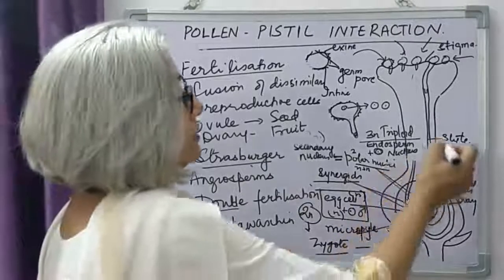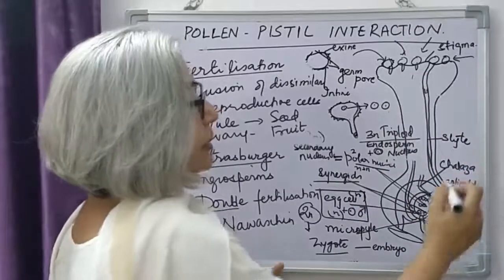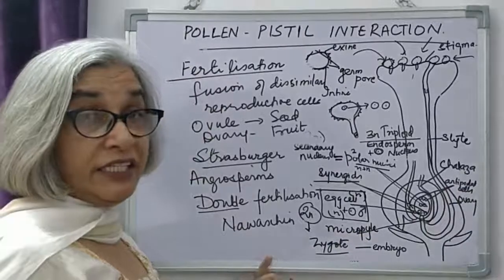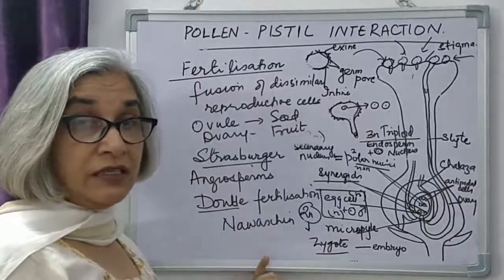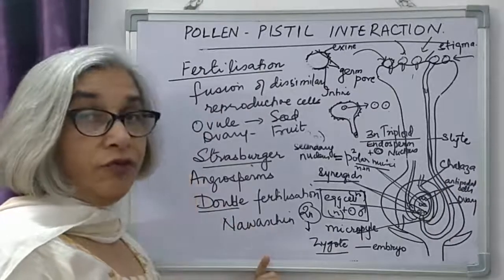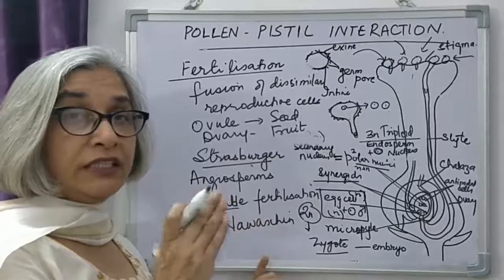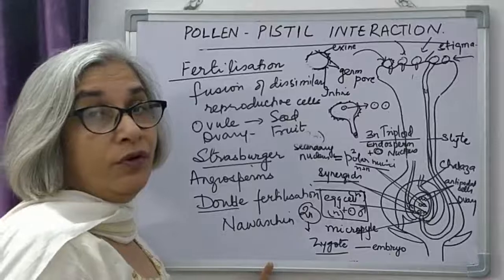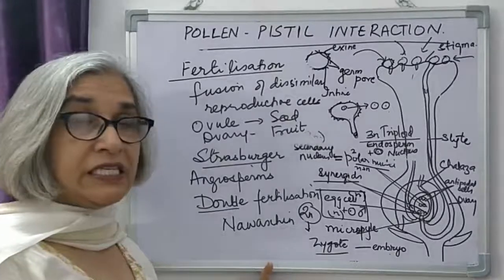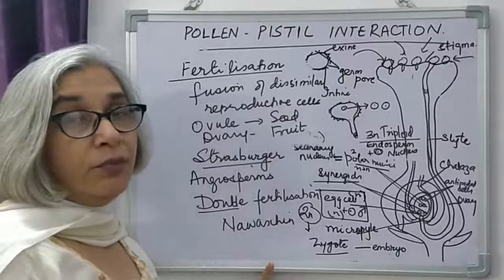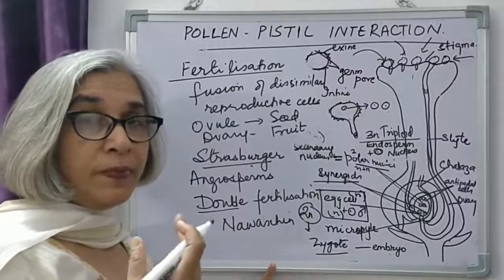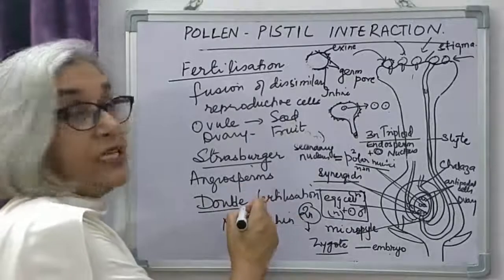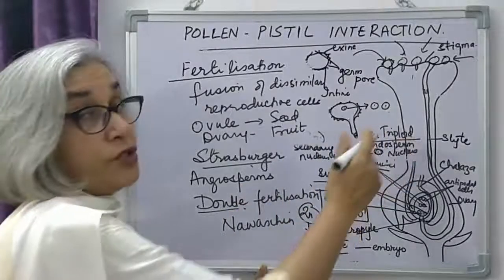All other parts, the style, stigma, calyx, stamens, petals, they degenerate. The ovule forms the seed, the ovary forms the fruit, and the fruit contains the seeds. And when we sow the seeds, the seed germinates and the embryo results in the formation of a seedling. So this is what is double fertilization and what is triple fusion.